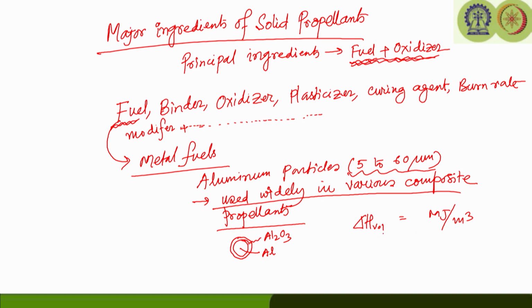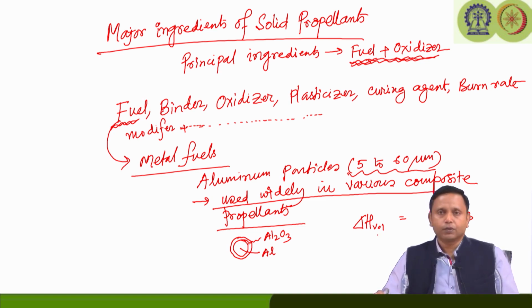So, later on I will show you one comparative chart where we will see the heating values of various metallic fuels and the hydrocarbon fuels, where you can see that boron is considered to have a very high volumetric heating value. So, boron is considered to be one of the prime choices, but there are some certain problems with boron particles.